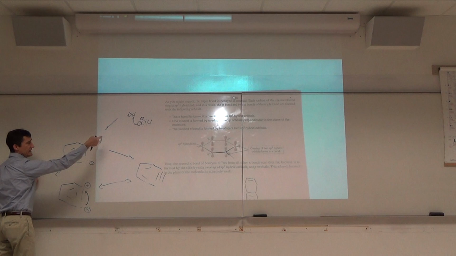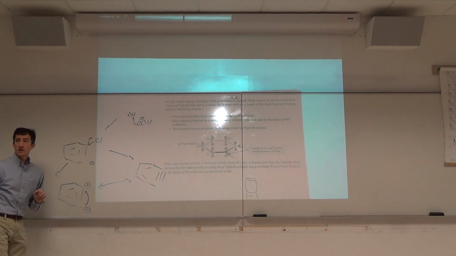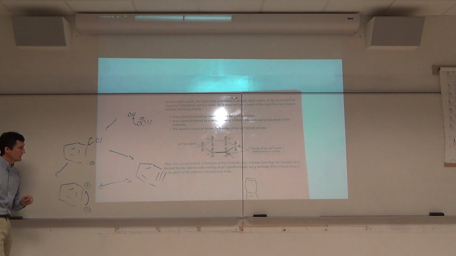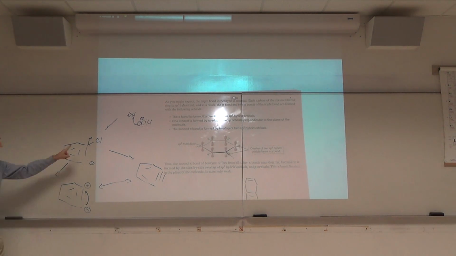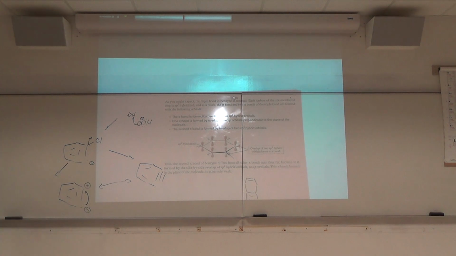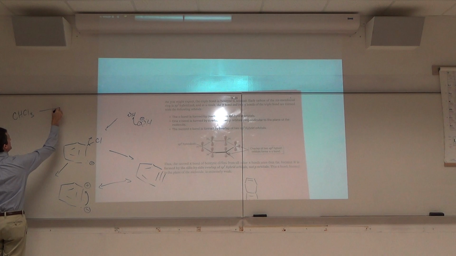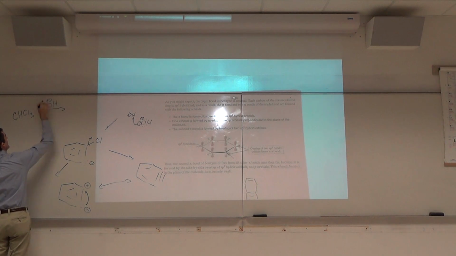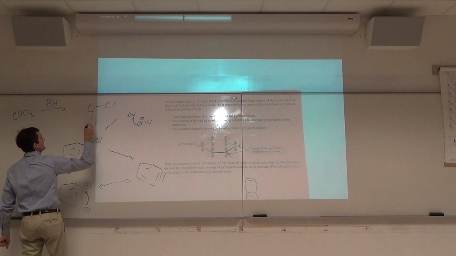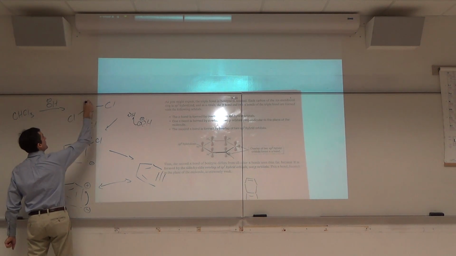Why would this chlorine just leave? Well, it ain't going to just leave from the starting material, but it would leave here because we're making a neutral molecule. This leaving as an anion is very similar to, you remember carbenes? How do we make carbenes from chloroform? CHCl3. We treated this with hydroxide. That removed the H, and we made CCl3 minus.